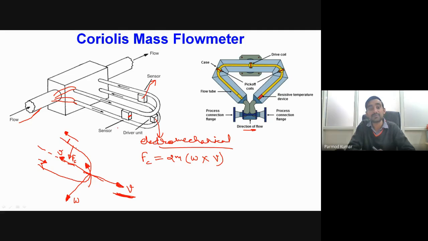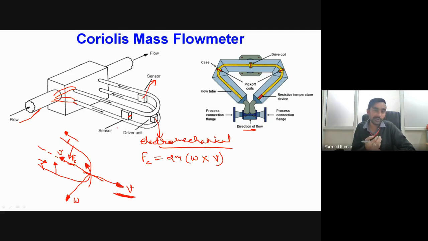Okay, so Coriolis force which is acting on the fluid medium, or which is induced inside the fluid medium, will be in downward direction, particularly for this rightward tube. Whereas for this left tube, you will find that Coriolis force is in the upward direction. So this is the direction of the Coriolis force which is acting on the fluid medium.